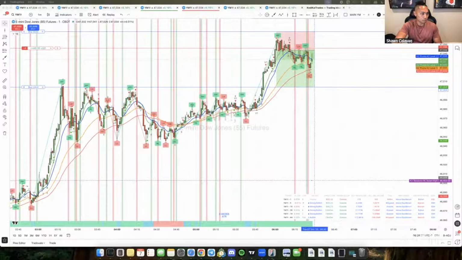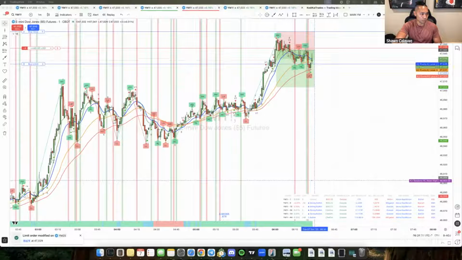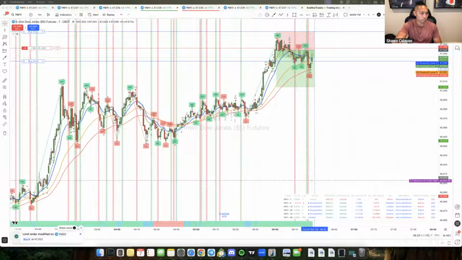All right, I'm gonna move my target up here. I'm gonna try to just get out of this. I got a minute, so I'm going to manually close it in a second, but let me see if I could just get out right here if it comes down just a few more points. Yeah, I gotta get out.